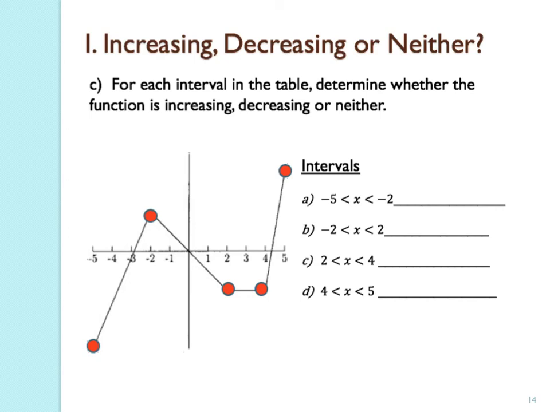So again, from -5 to -2, so here to here, increasing. -2 to +2, so from here to here, decreasing. From 2 to 4, that is neither, because it neither increased nor decreased. So then you have 4 to 5, which is increasing.